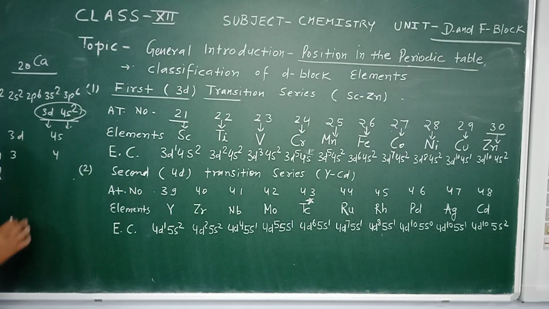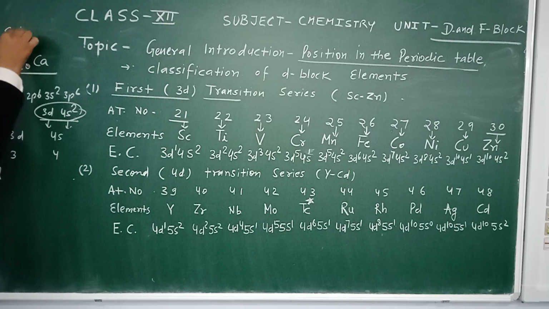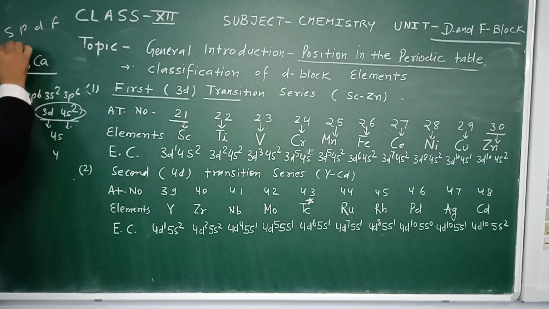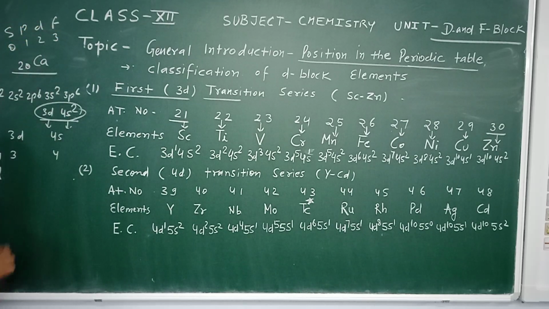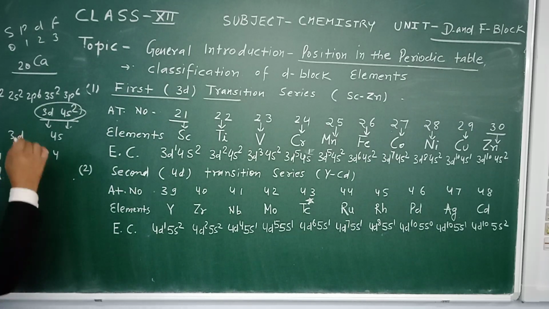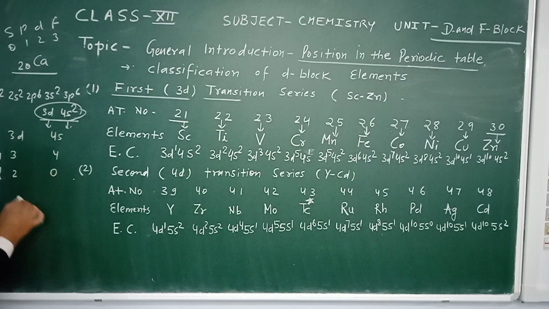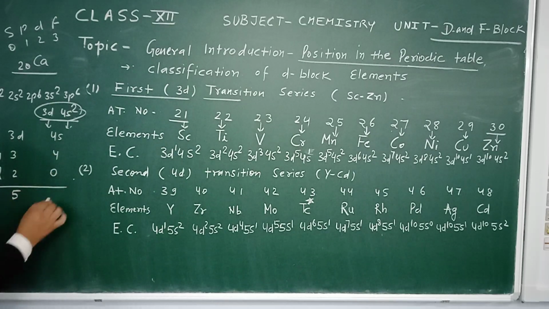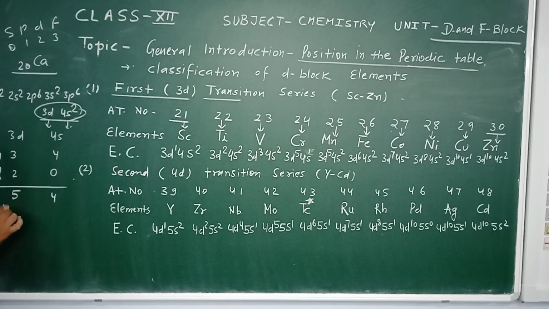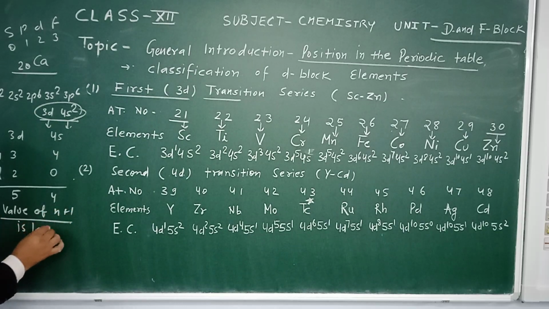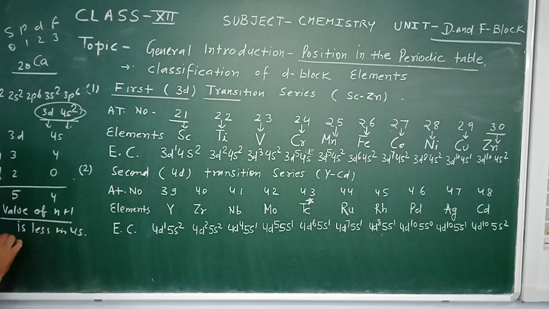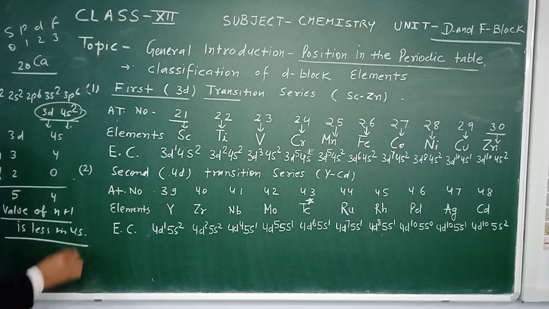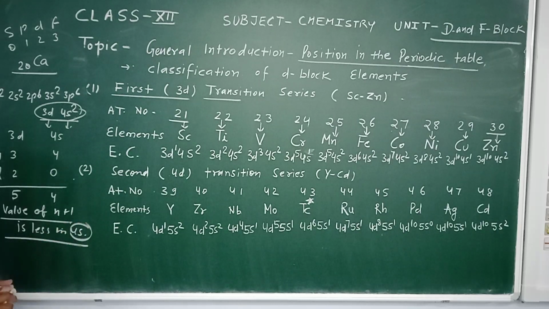The value of l for d: s, p, d, f are 0, 1, 2, 3. So for 3d we have the value 2, and for 4s we have the value 0. So n plus l is 5 for 3d and 4 for 4s. The value of n plus l is less in 4s, so that's why we first fill the electrons in the 4s subshell.